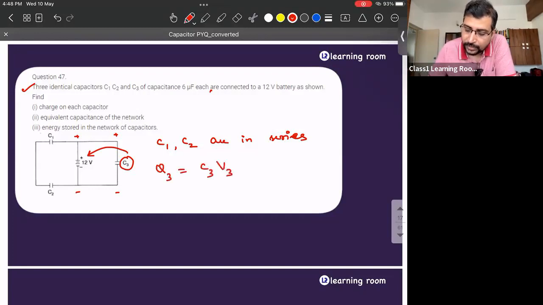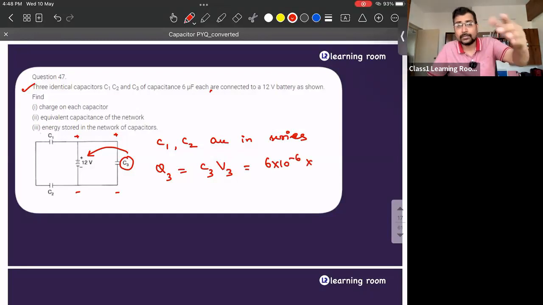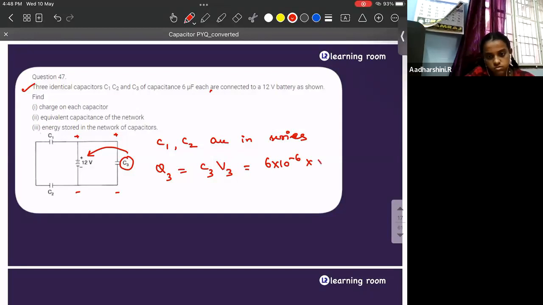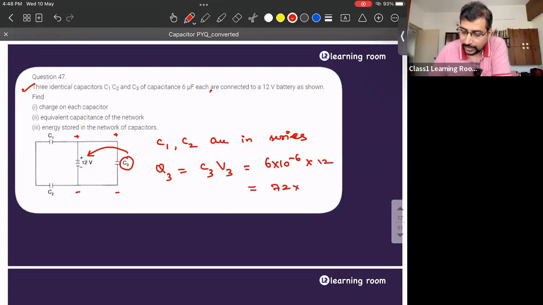It will be C3 into V3. What is the capacitance of it? 6 into 10 power minus 6, into what is the potential difference across C3? It's there in front of our eyes. It is 12. So it is going to be 72 into 10 power minus 6 coulomb. So that is the charge appearing on the capacitor C3.